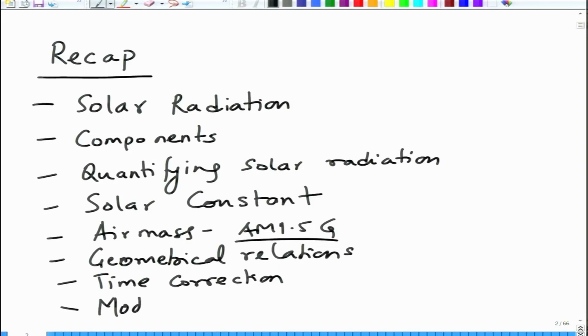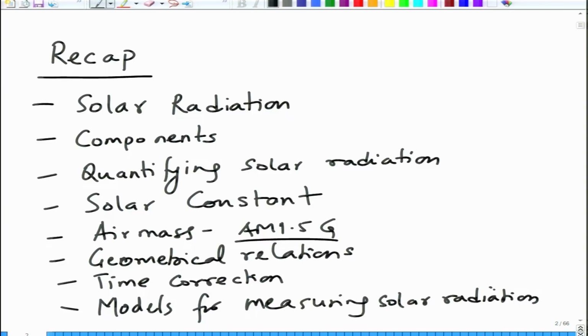And then we looked at various models for measuring solar radiation. So, all of this makes a complete study of how you measure the solar radiation falling on a surface at a given location at a given time of the year.